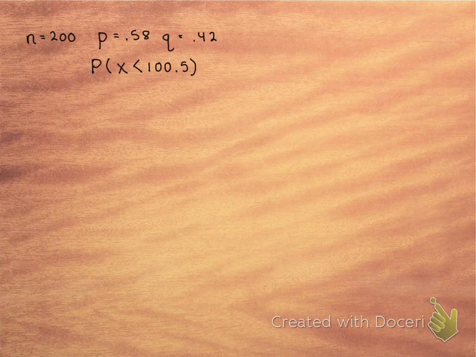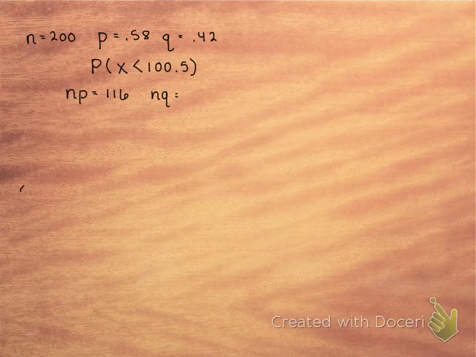But first we have to see if N times P and N times Q are greater than 5. Well, N times P is 200 times 0.58, which is 116, and N times Q, 200 times 0.42, is 84. So yes, we can use a normal approximation to the binomial distribution.